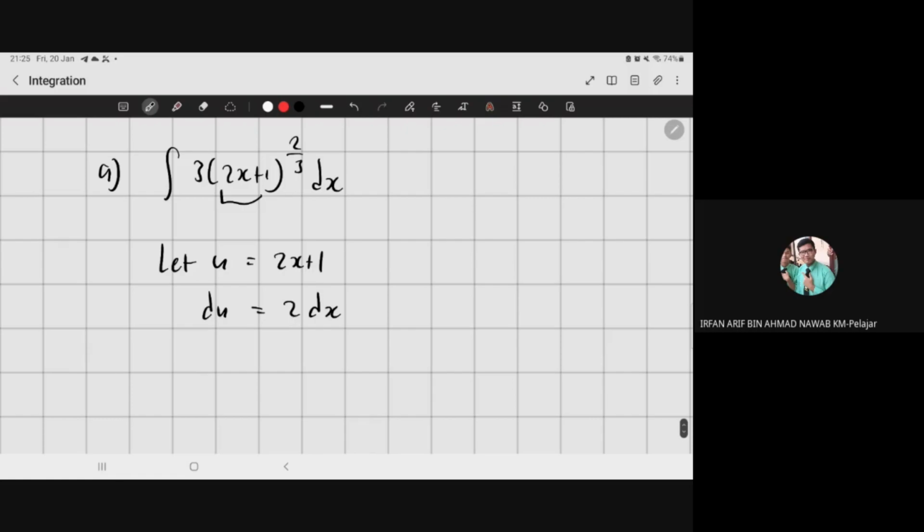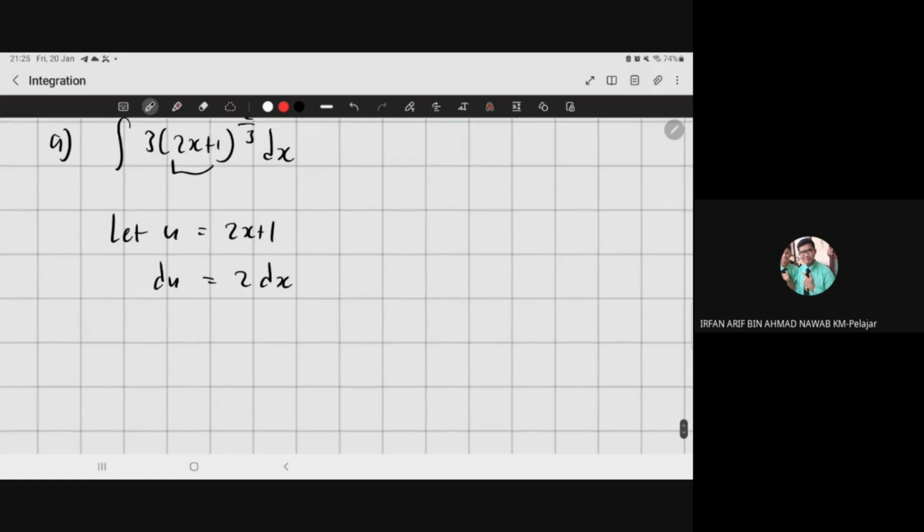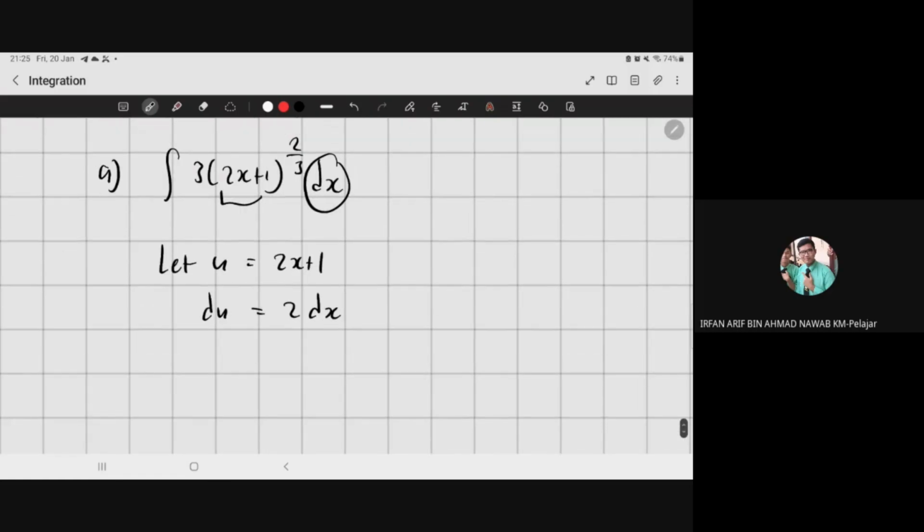Now we are treating this as a variable. I'm not saying it's a variable, I'm just saying we treat it as a variable for this method. So you have to find the similarities in our integral with this. Then you can proceed with the substitution method.